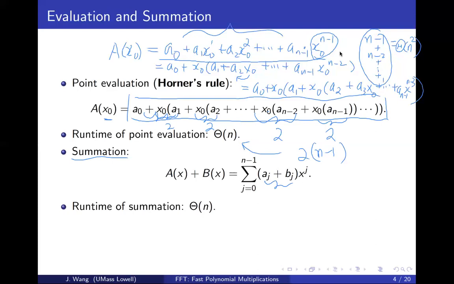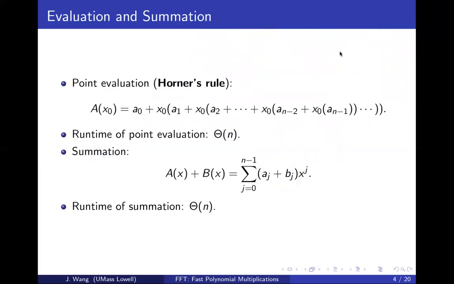There are linearly many operations for summation because you only need to sum up the corresponding coefficients; you have n coefficients, and only n minus 1 additions. So that is straightforward.